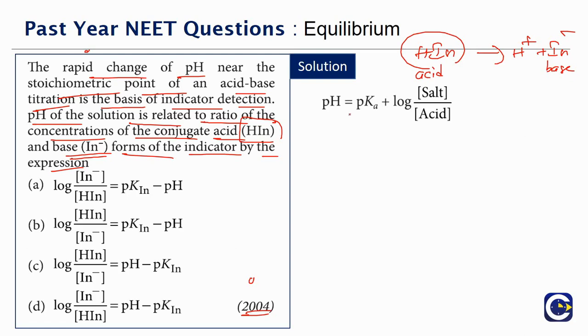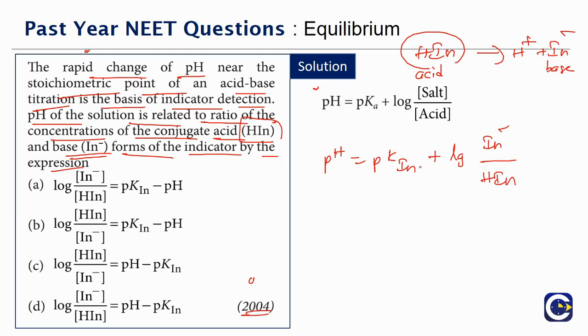So if you look at what is the formula, pH value will be equal to what? pKa plus log of salt by acid. Means here we can say it as what? pH is equal to pKa means what? pK of the indicator. So pK of the indicator acid plus log, in case of salt we are going to have what? The anions of the indicator, In minus divided by HIn.